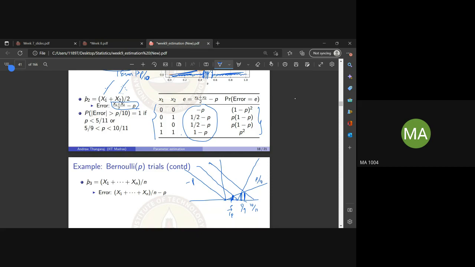So for any p less than 5 by 11, and for any p that lies between 5 by 9 and 10 by 11, the probability that your error is greater than p by 10 is 1. For the second one, you can plot the graph and check these values: 5 by 11, 5 by 9, 10 by 11.